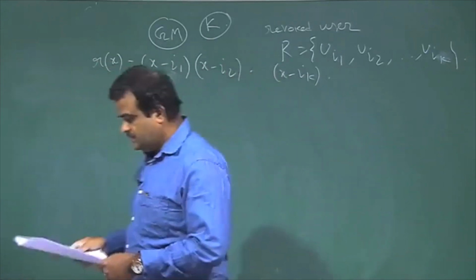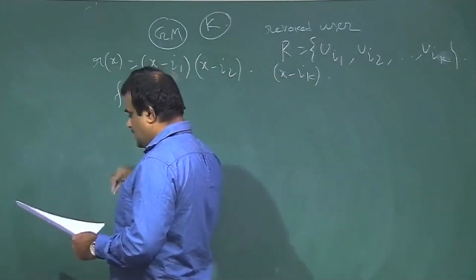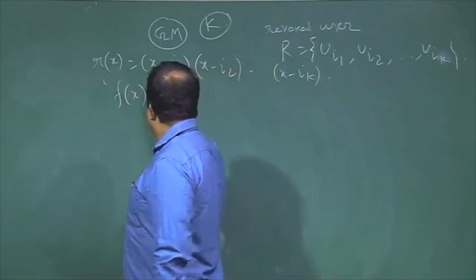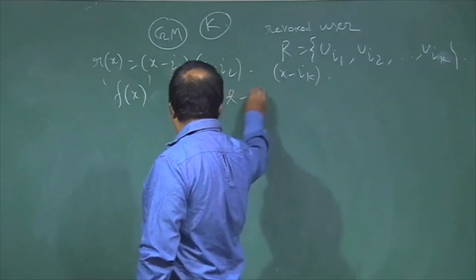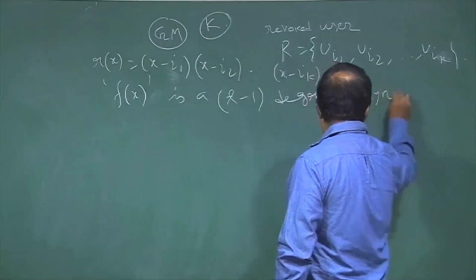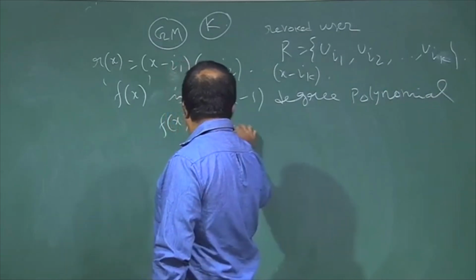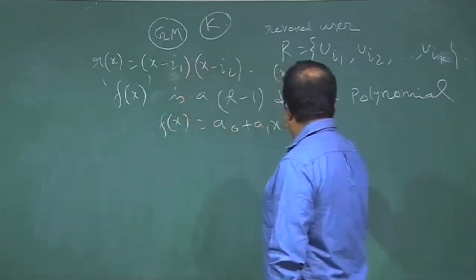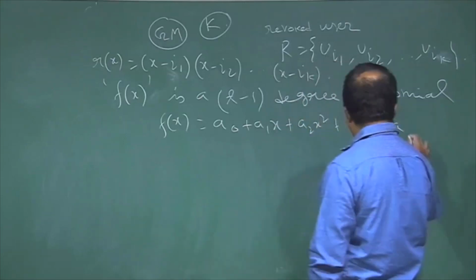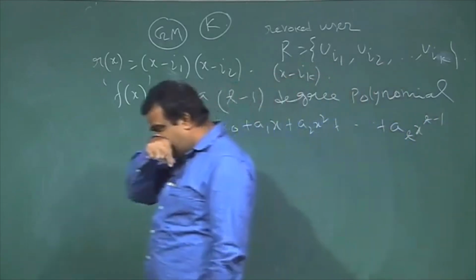And compute f(x), which is a degree t minus 1 polynomial, that is f(x) = a0 + a1x + ... + a_{t-1} x^(t-1).